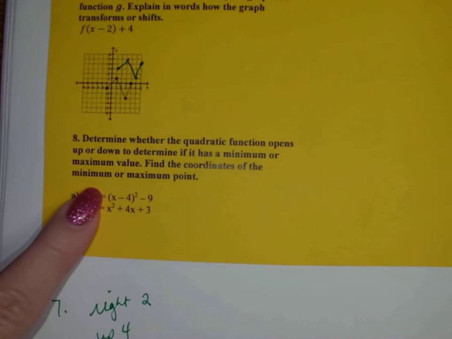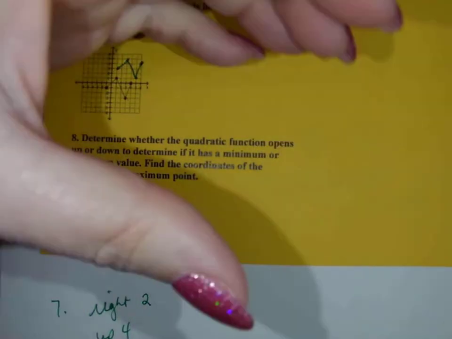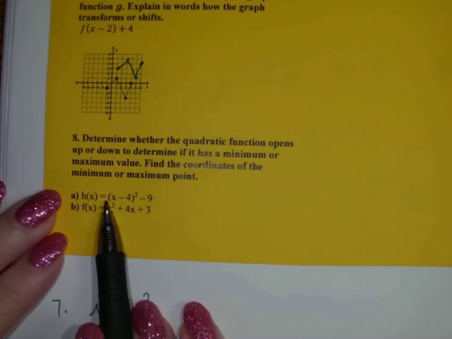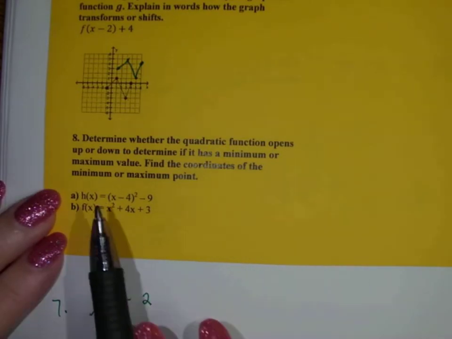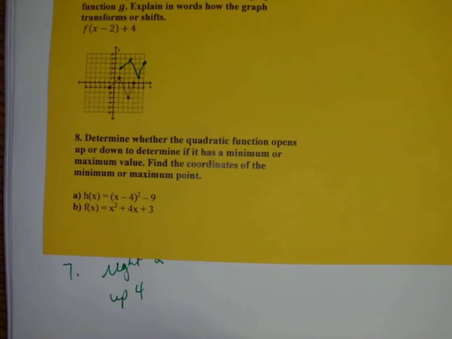So if it was negative, we know with a parabola, it opens down. And if it's positive, it's going to open up. Because at the beginning here, we don't have a negative sign. We have just a positive. We know that this is going to open up.